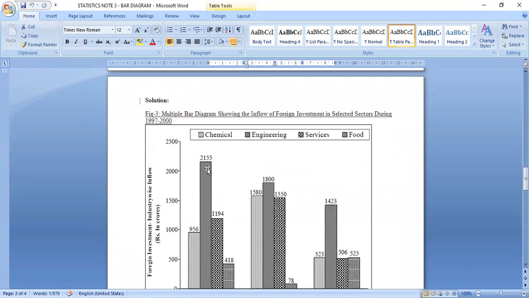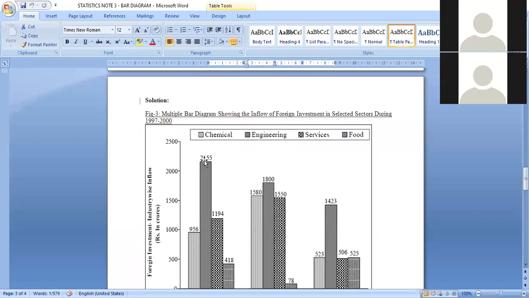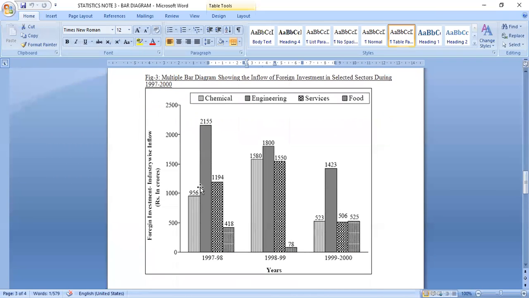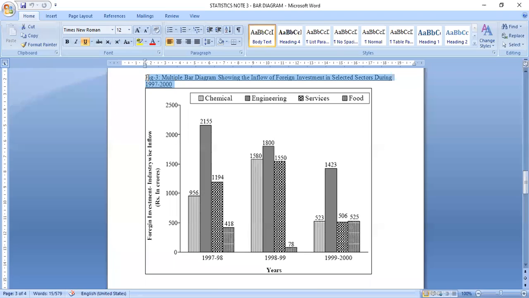Again it is a freehand drawing, no perfection is required, but almost nearer to the exact value. Then 1194 and so on, 418 and so on. Okay? And for every multiple bar diagram, there should always be a heading for this, like this.